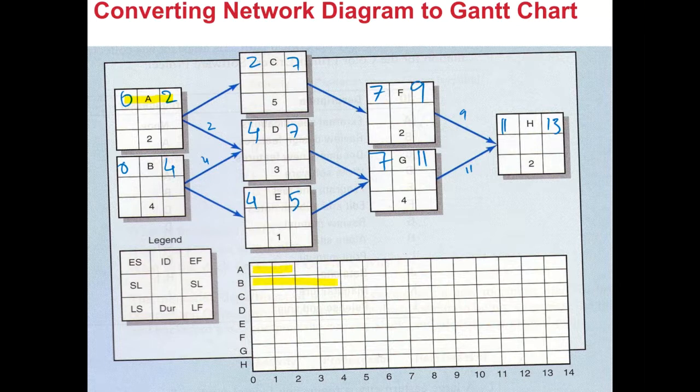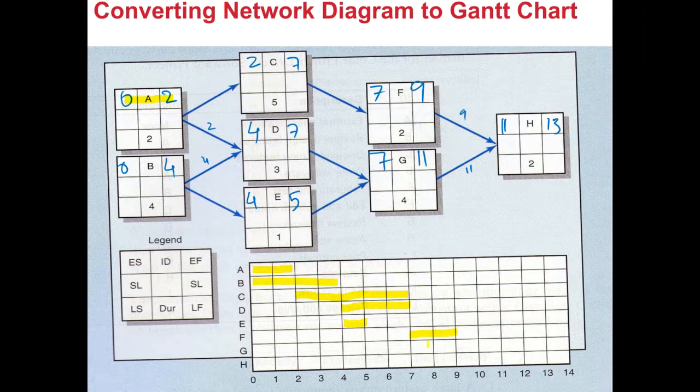Activity C starts after activity A, and it goes from 2 to 7. Activity G starts after A and B, and it is to 7. And activity E is shown here, and then activity F is starting after activity C, and it's a 2 weeks activity.